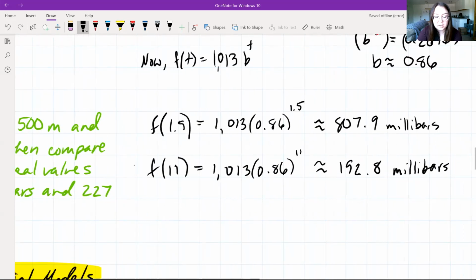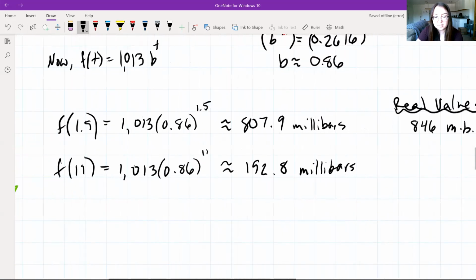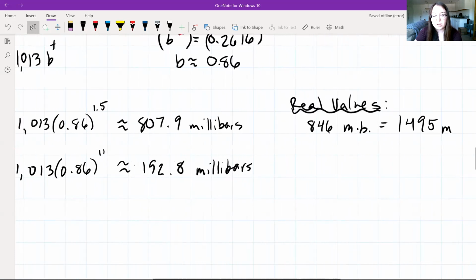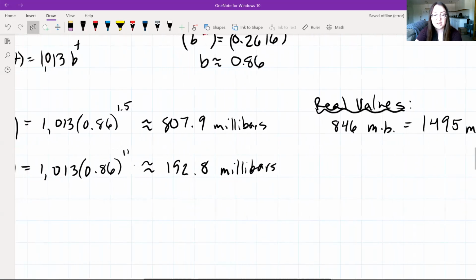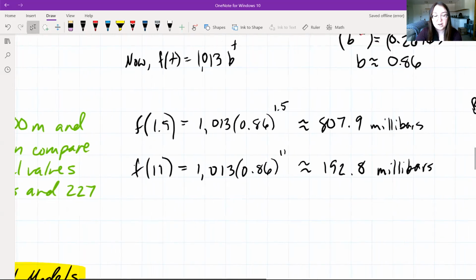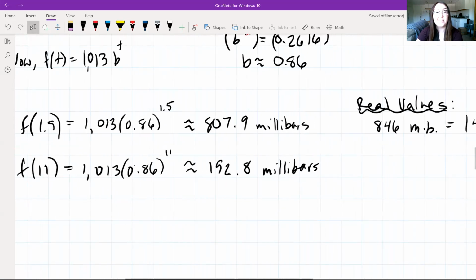And what we were calculating was 1.5 meters, and we ended up with 807.9 millibars, which in the scale of what we're working with is not that far off. So we can see that our equation was pretty generally accurate.